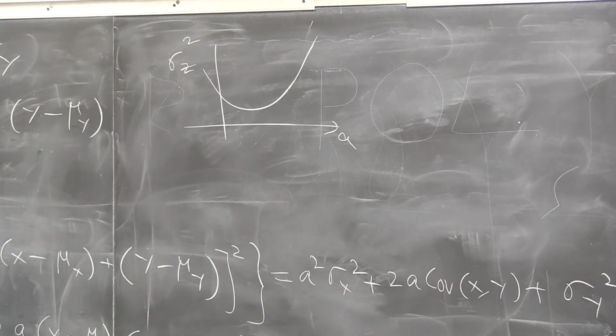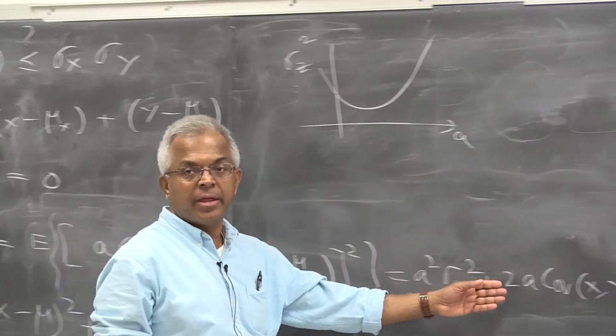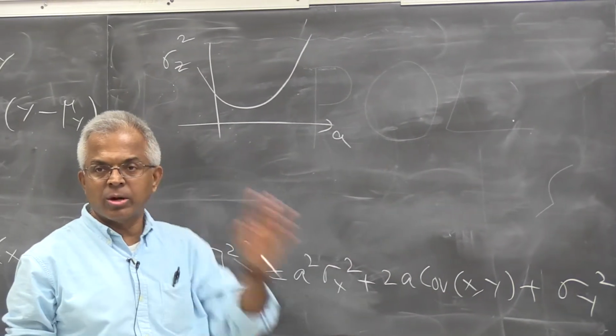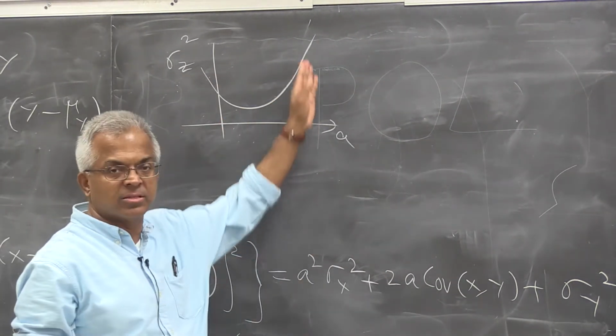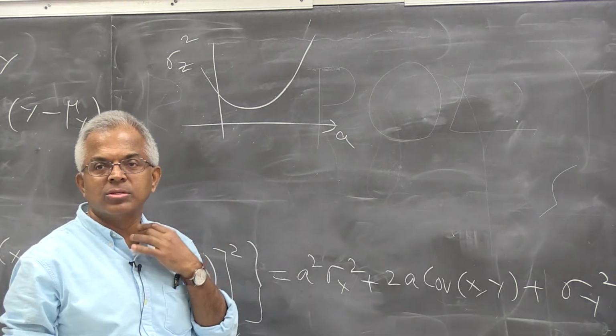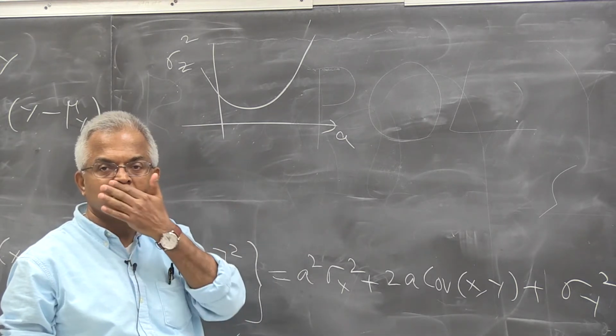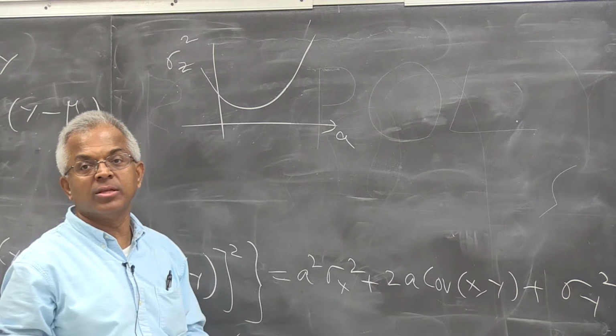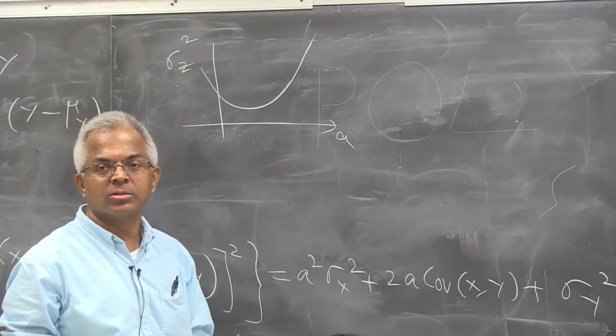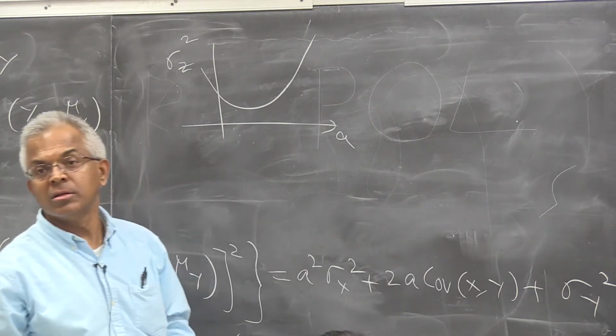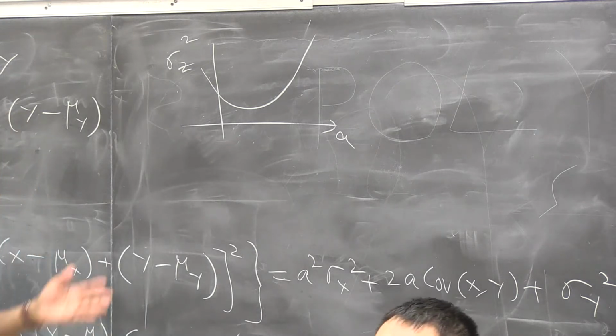Because this quantity is positive, we cannot cut the x-axis. But on the other hand, this is a quadratic in a. There are two roots. What happened to the two roots? It should have cut like this. Where are the two roots? When a quadratic stays above the x-axis, where are the roots? Right, very good. The roots are imaginary.